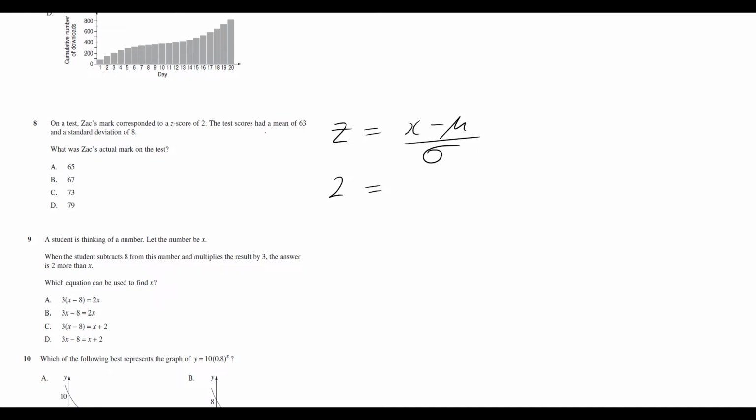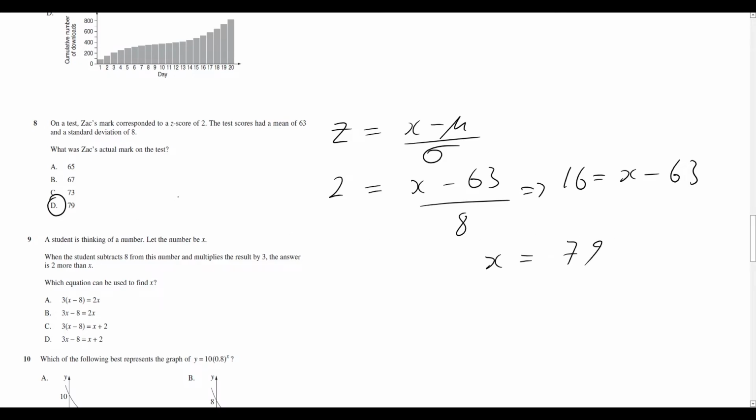So the test scores had a mean of 63. Okay, so we'll put that in there for now. And the standard deviation of 8. All right, fantastic. So now what we need to do is just simply solve for x. So to do that, multiply both sides by 8, and then we're left with 16 equals x minus 63. And we can just add the 63 to both sides, and then we find that x equals 79. And that's going to be option D.